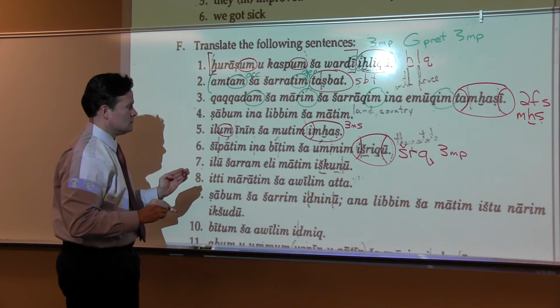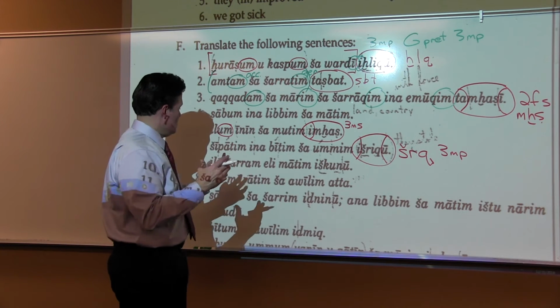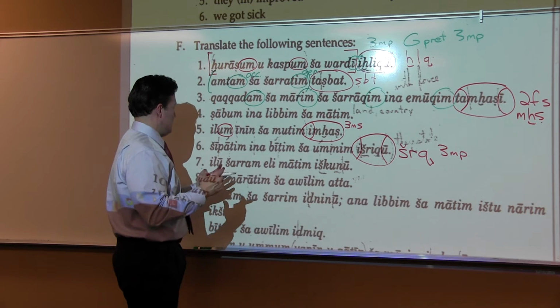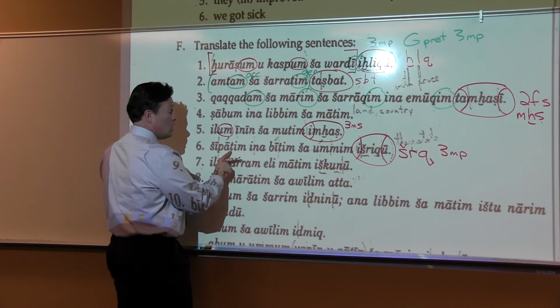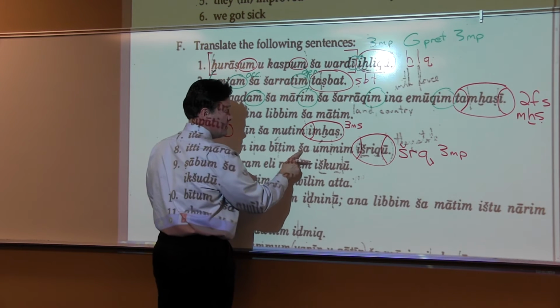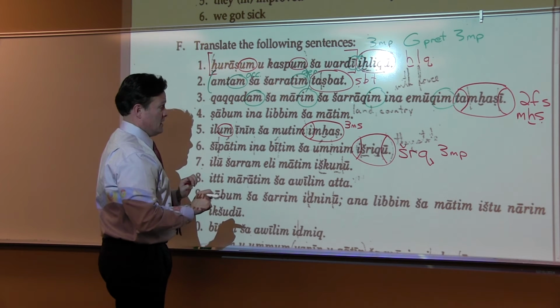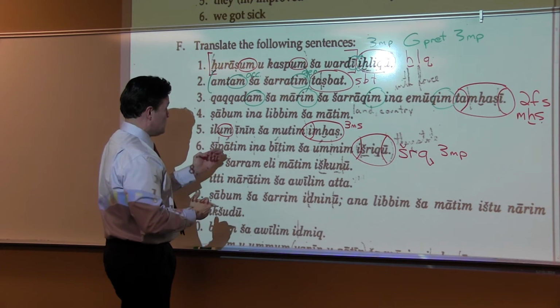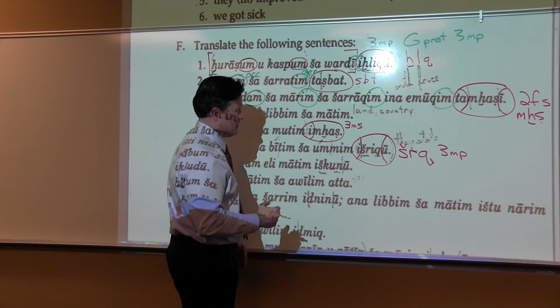They stole. So who is the they? This is the impersonal they. We're not sure who they are. They stole the wool in the house of the umim, the mother. They stole the wool which was in the house of the mother.